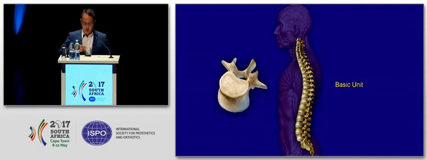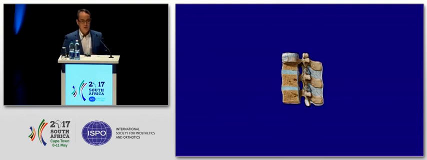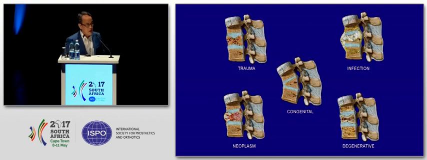Now, the spine is a very long segment composed of the spinal segment, which constitutes the vertebra, the ligaments, the capsules, the muscles that connect it, and the very important intervertebral disc around it. And we know for a fact that the spine exists to protect one very special tissue, and that's the spinal cord that goes in the spinal canal. Now, the functional unit can be affected by so many things. It can be affected by trauma, infection, congenital deformities, neoplasms, and even malignancies or degenerative processes.